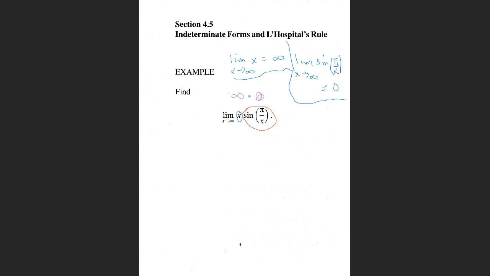Now for this one, we can't use L'Hopital's rule directly, because L'Hopital's rule is only for situations where you have 0 over 0 or plus or minus infinity divided by plus or minus infinity.